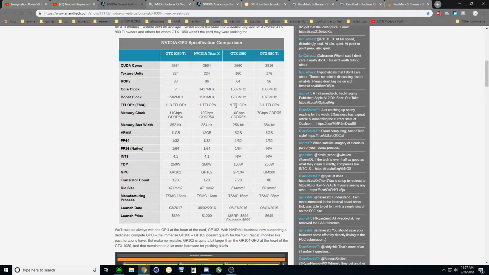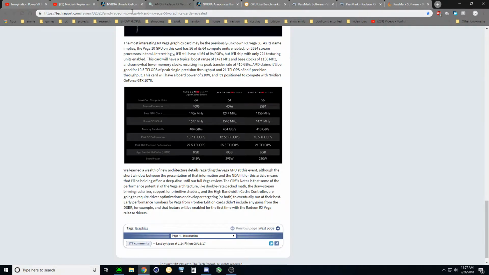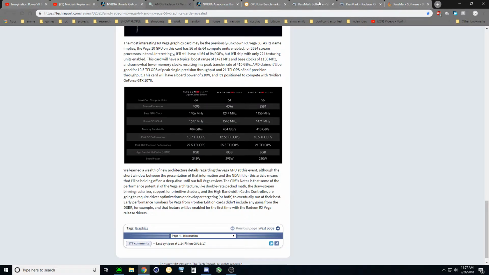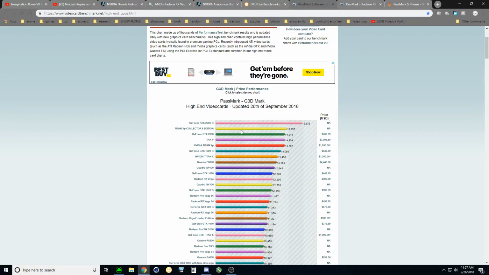So for every 1.4 TFlops of VEGA performance, you get equivalence between the 1080 and the VEGA. Doing this as a calculation, if we can assume that VEGA performs pretty similar to a 1080, right here, VEGA right below it, so they perform pretty similar to each other.